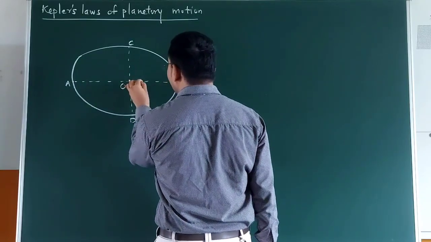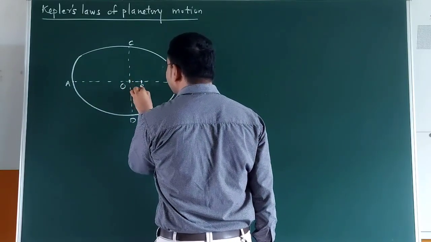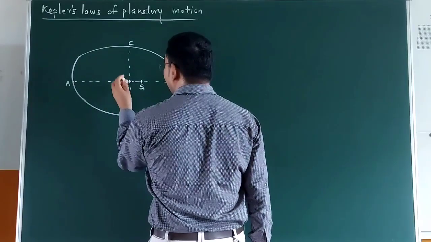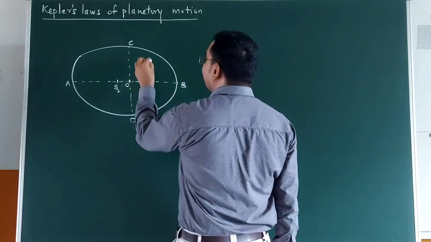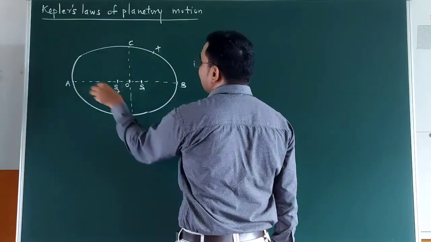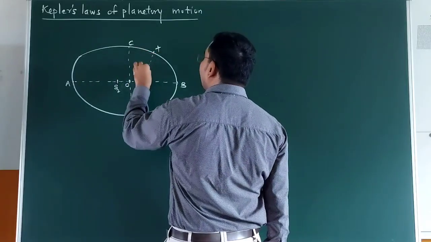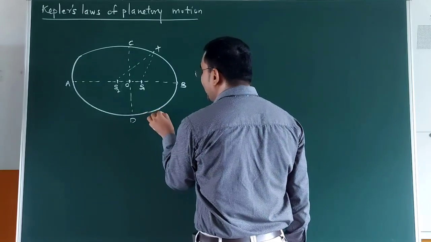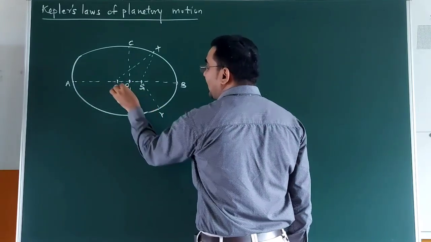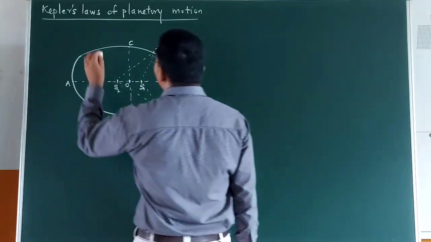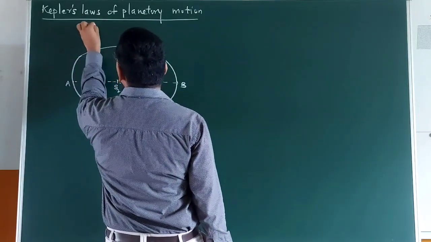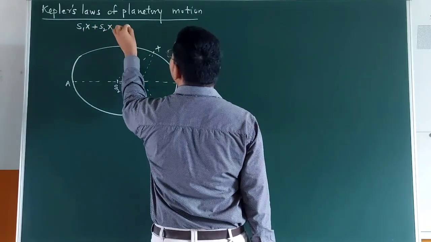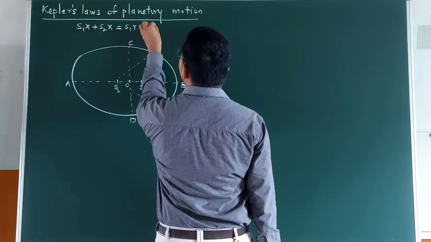So instead of having a center, there are two foci, in plural, S1 and S2. They are such that if I take any point, say point X, on the circumference of the ellipse, and I join it to S1 and S2, and if I take another point, say point Y, and join S1Y and S2Y, then the sum S1X plus S2X is always equal to the sum S1Y plus S2Y.